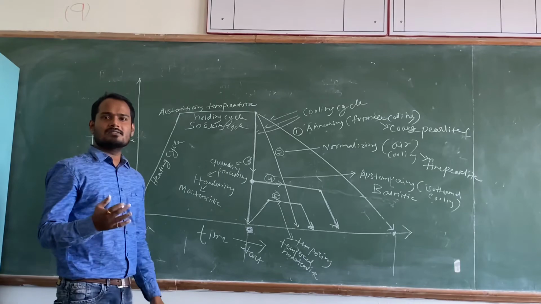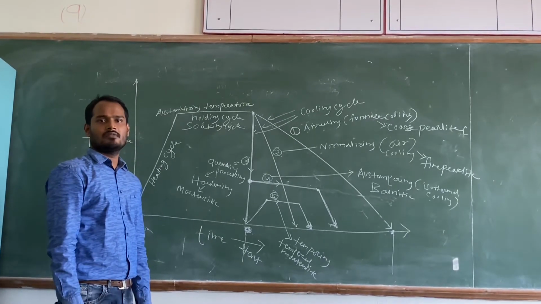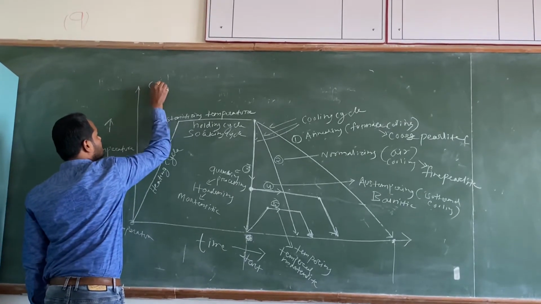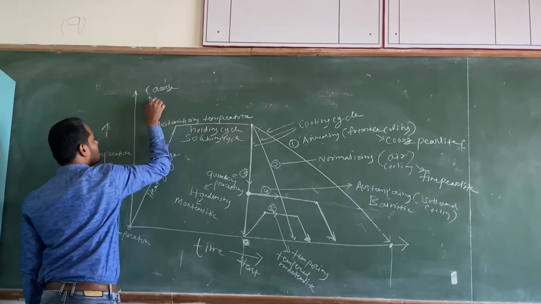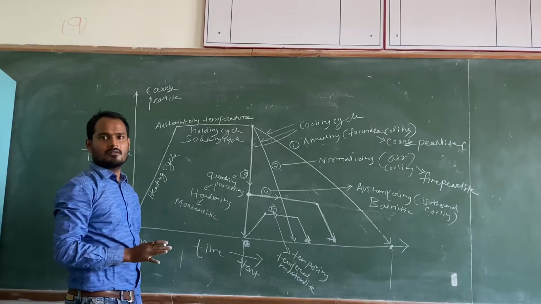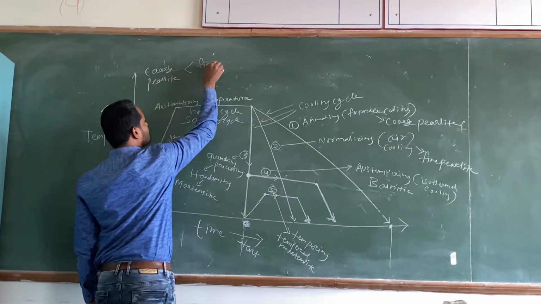So if somebody asks you to arrange the microstructures according to their hardness and strength, I can arrange like this. I will start with coarse pearlite. Here the coarse pearlite will be softer. Then fine pearlite.